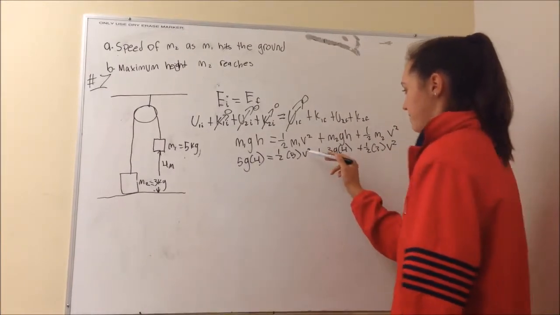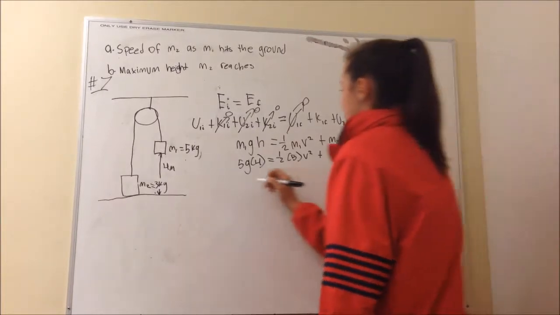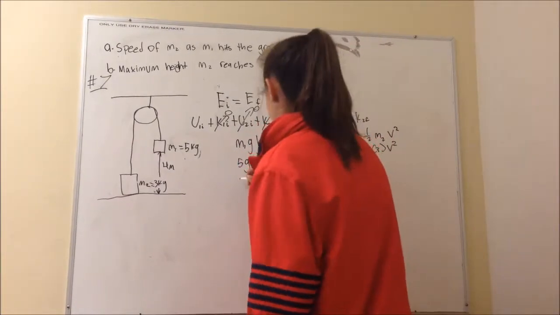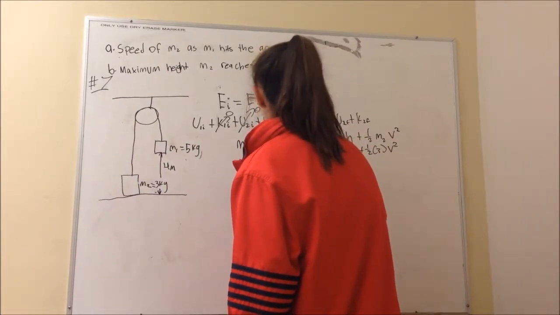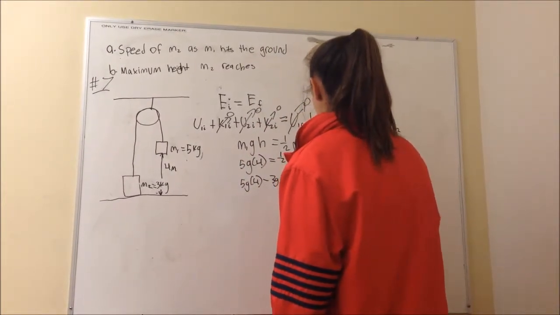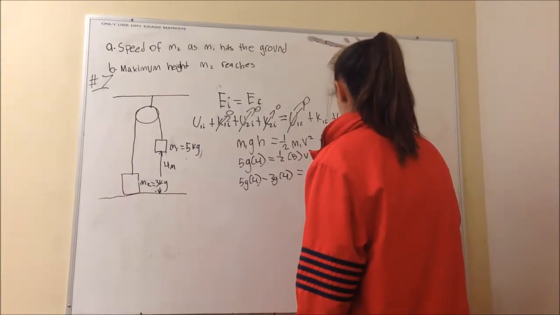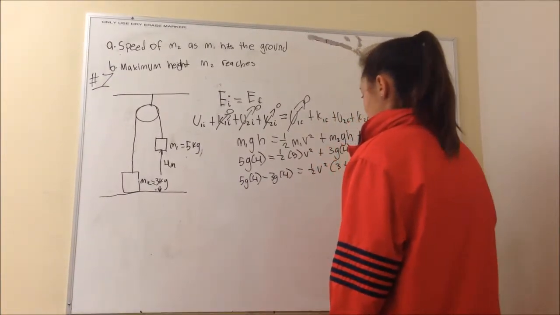So we want to get the v on its own because we want to get the velocity. So we're going to bring the other ones over. 5g times 4 minus 3g times 4 equals 1/2 v squared times 3 plus 5.